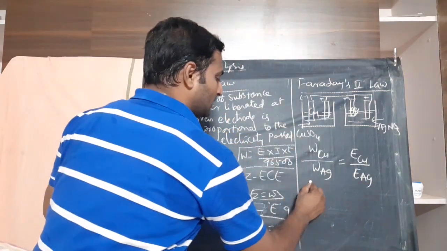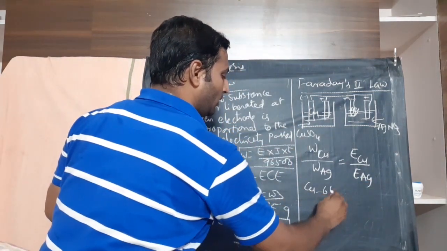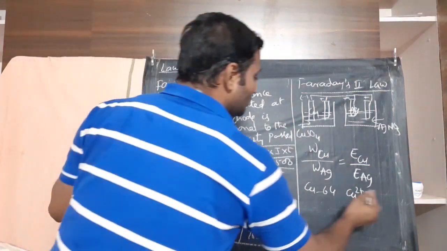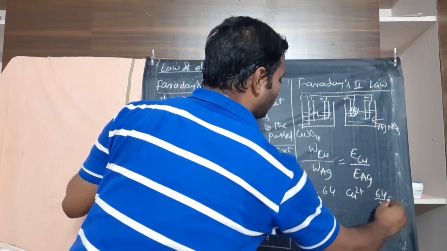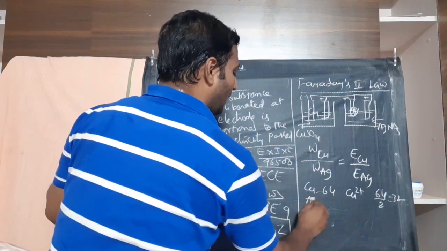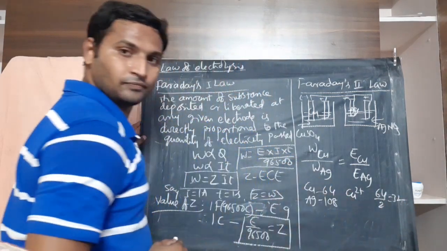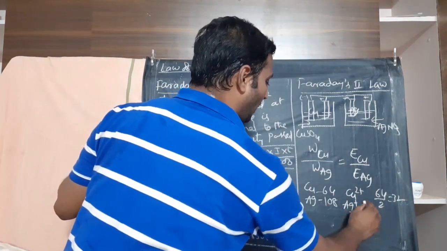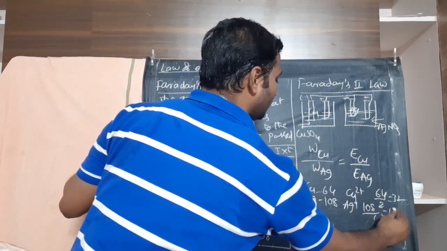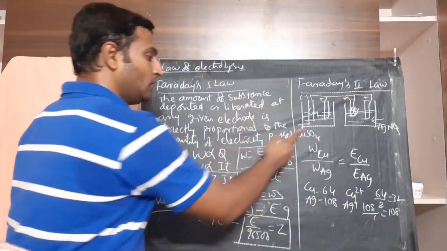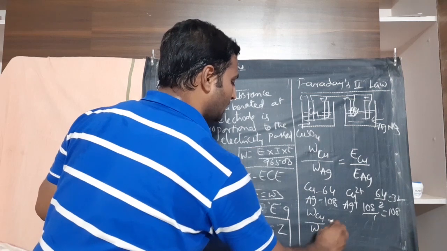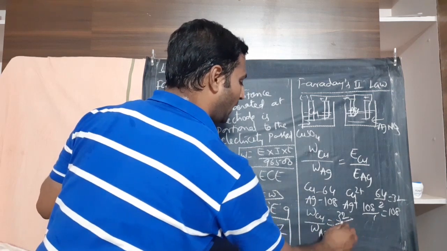You know the atomic mass of copper is 64 and it exists as Cu2+ in copper sulfate, so its valency is 2, so its equivalent mass will be 64 by 2, that is 32. Atomic mass of silver is 108 and in silver nitrate it exists as Ag+, so its equivalent mass will be 108 by 1, that is 108. Now the ratio of weights of copper and silver is equal to 32 by 108.